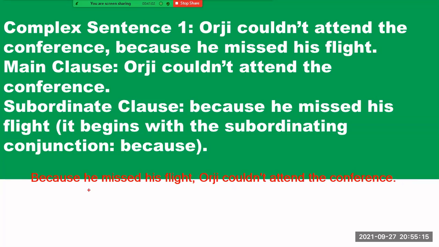Because when we say, because he missed his flight, the sentence has a different tone. The intonation pattern changes. Now, in the first one, Oji couldn't attend the conference because he missed his flight.